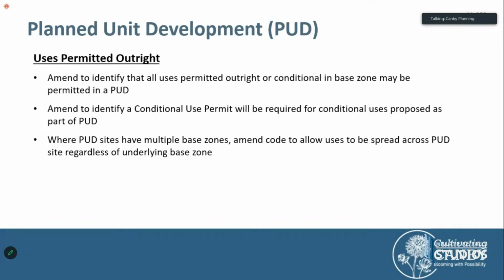And we'll talk about how we think that could be applied in PUDs in a way that is conscious of existing development. But ultimately, the goal there is just to provide that flexibility and recognize that the PUD process gives that discretion to look at different ways in which a development can be proposed and also be compatible with the surrounding areas or surrounding uses, excuse me.